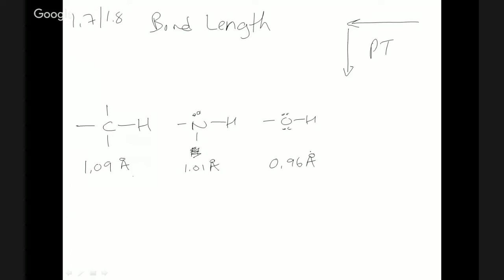Sometimes you'll see picometers. Angstroms are common. I want you to remember that bonds are about an angstrom. Okay, we'll see some other ones later. But 1 angstrom is 10 to the minus 10 meters. So you'll see picometers as well. And then the fluorine hydrogen bond is 0.92 angstroms.